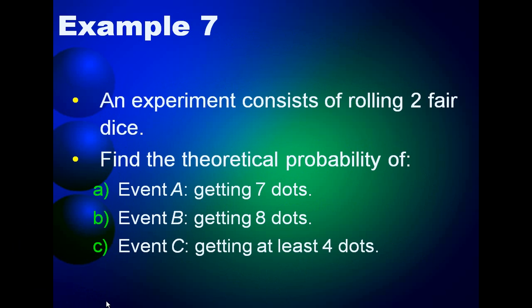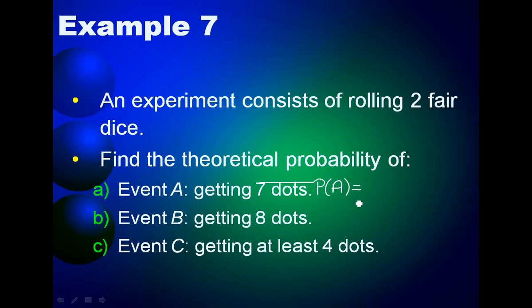So example 7. Again, I point you back to your book. Rolling 2 fair dice. I pointed you to that chart earlier, and it has all the possibilities. So find the theoretical probability of A, and A is getting 7 dots.